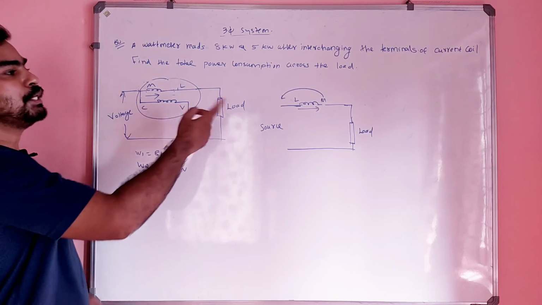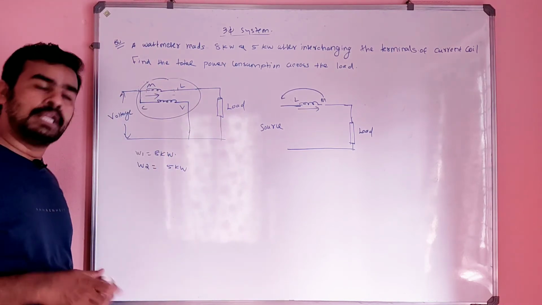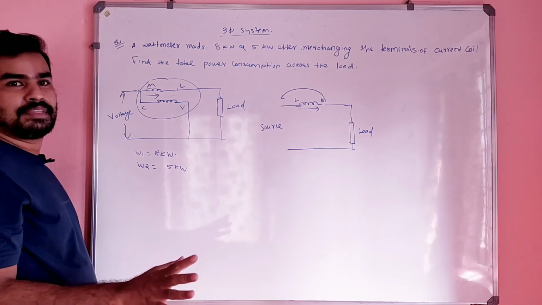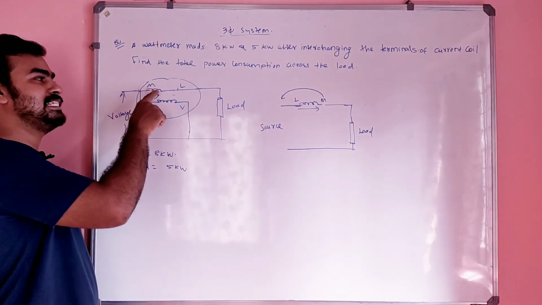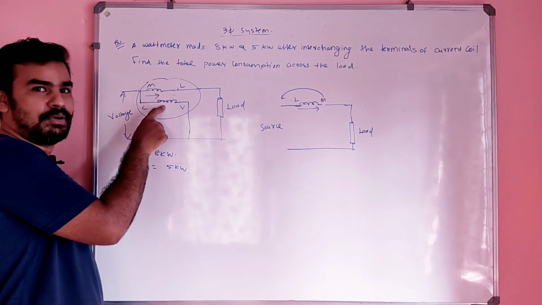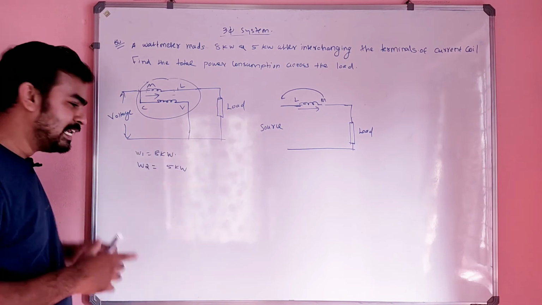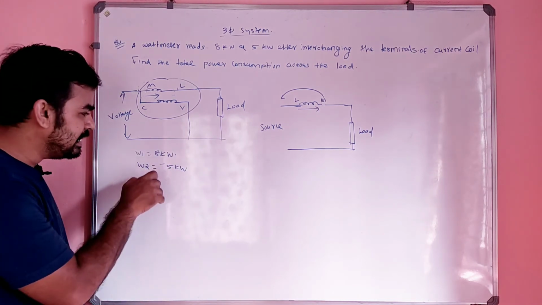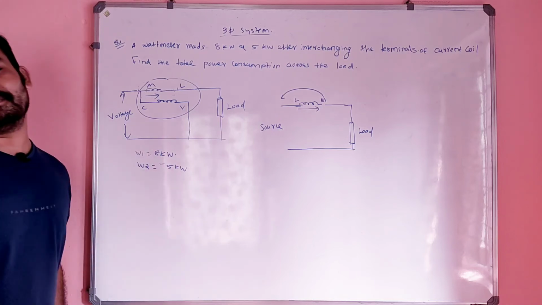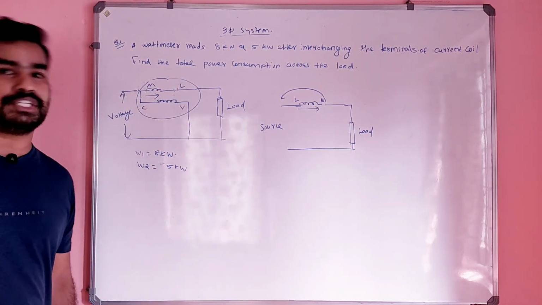That means whenever you interchange the current coil or the pressure coil, but not both, it's very important, the same scenario will come. The wattmeter will read in the negative direction. You can interchange either the current coil or the pressure coil.